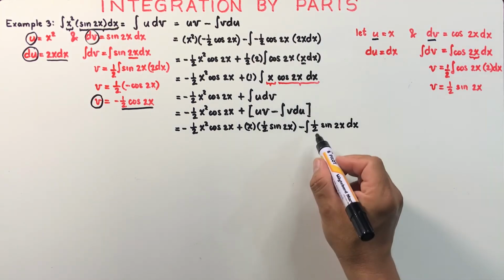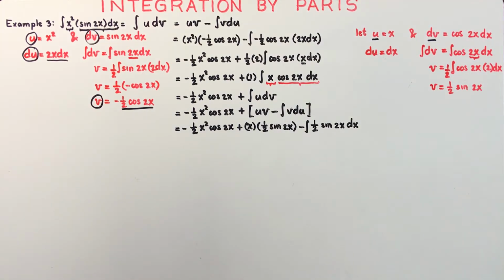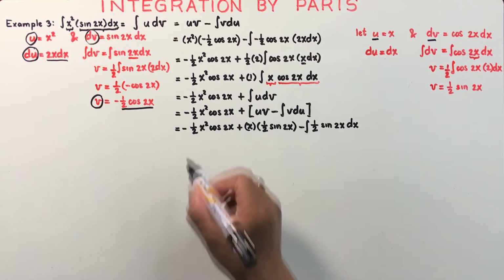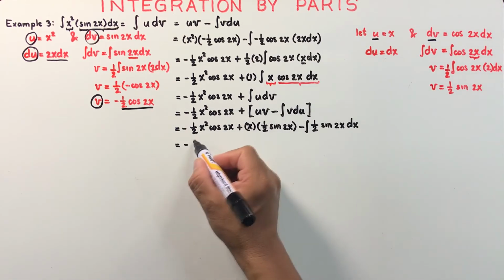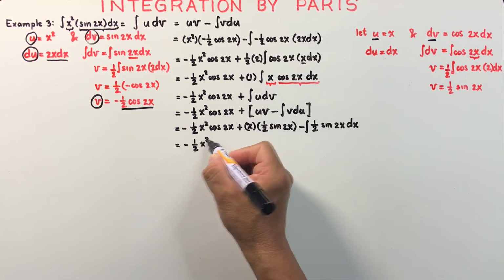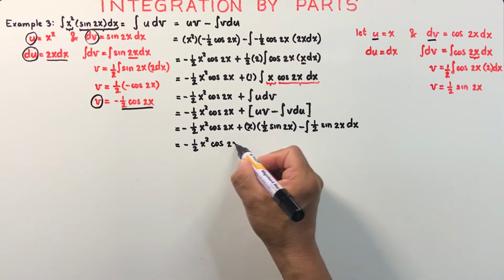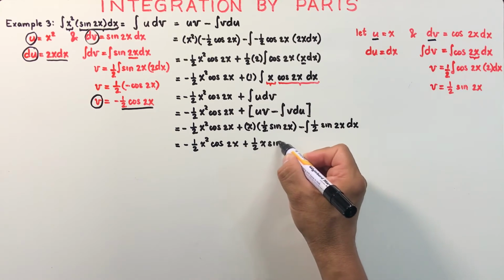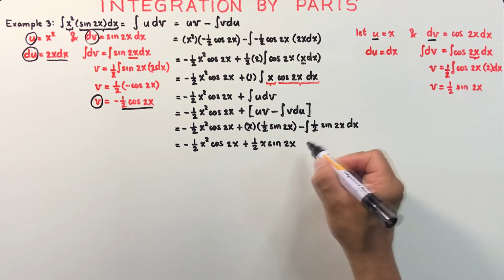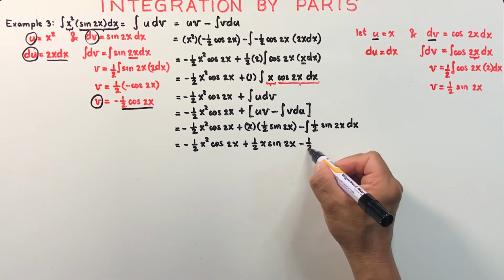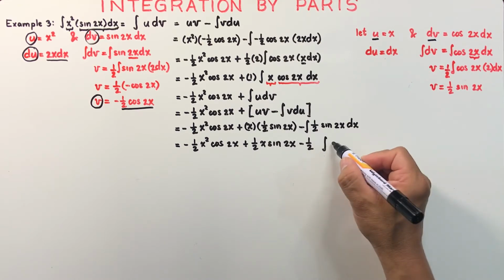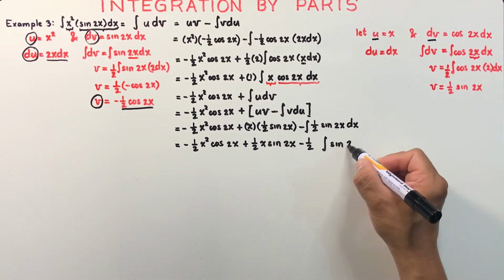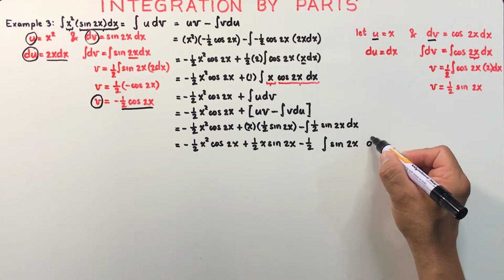And factoring this 1/2 outside the integral symbol, we have negative 1/2 x squared cosine 2x plus 1/2 x times sine 2x minus 1/2 times the integral of sine 2x dx.